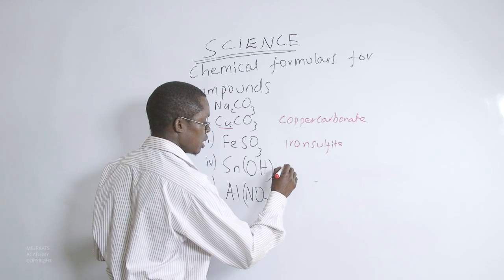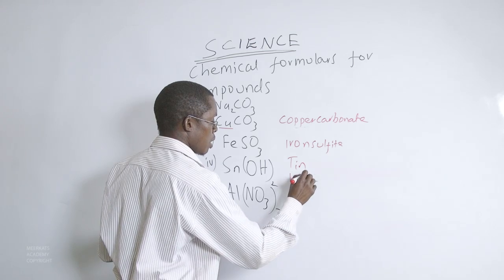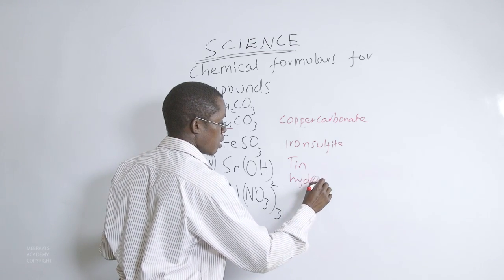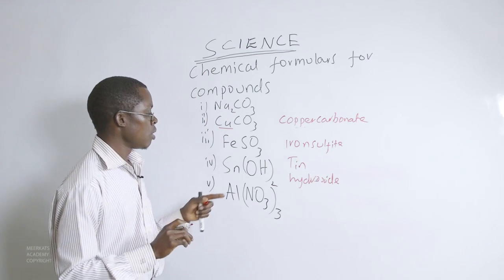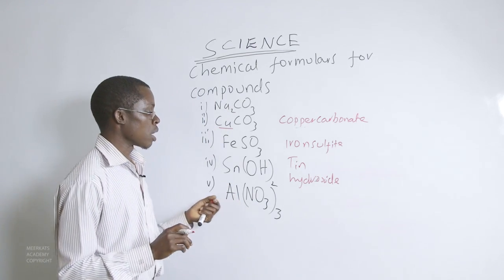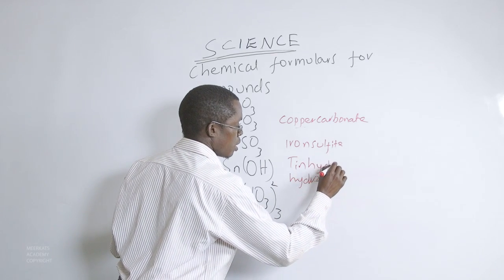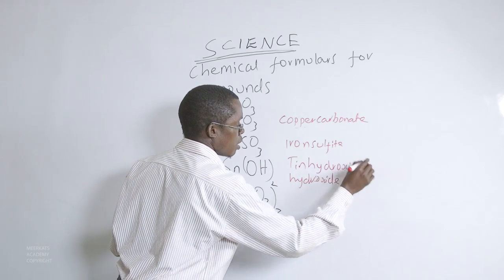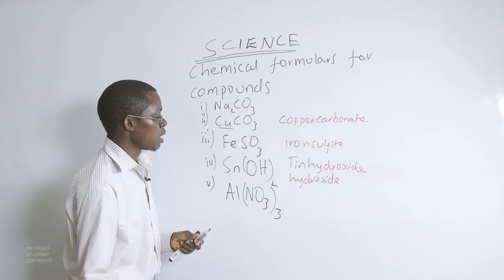So we have tin and hydroxide. Tin and hydroxide. So what will be the name? It becomes tin hydroxide. Tin hydroxide as the full name.